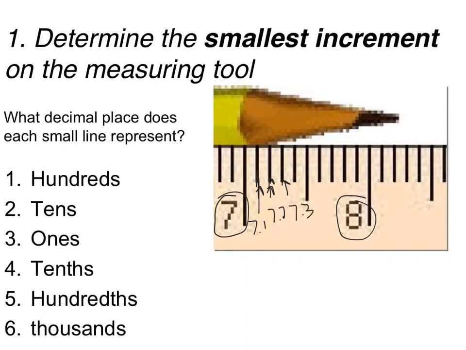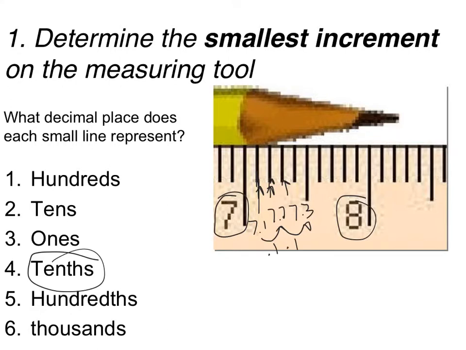So what you notice with that is every time we move over one of those lines, we are increasing by 0.1 centimeters. So that means that our increments on this are going to be 0.1 centimeters, also known as tenths, because it is our tenths place that's increasing here.